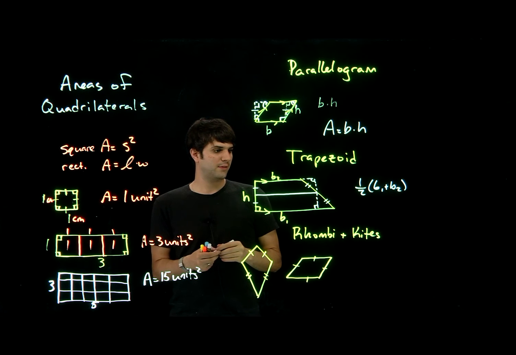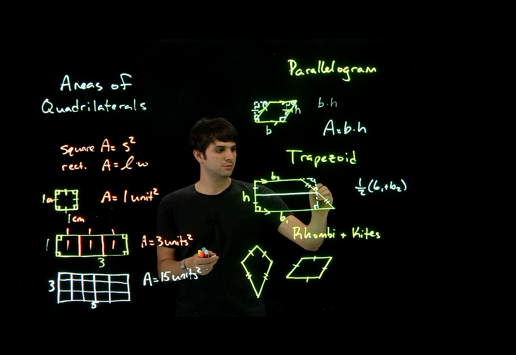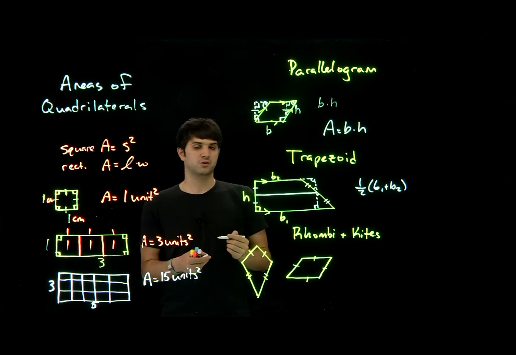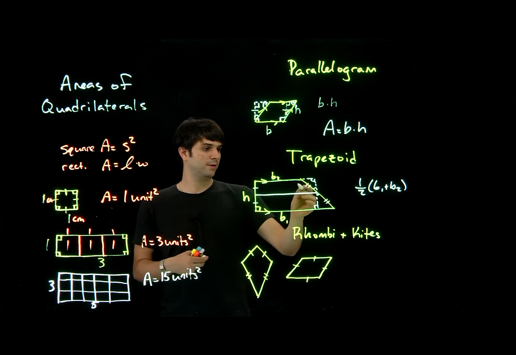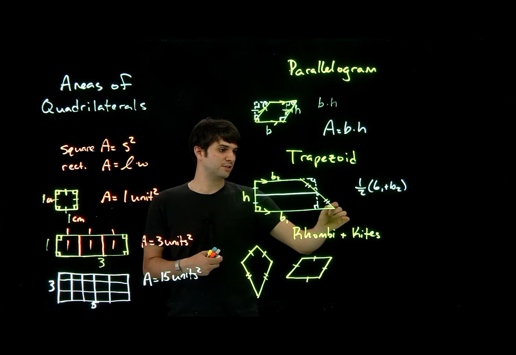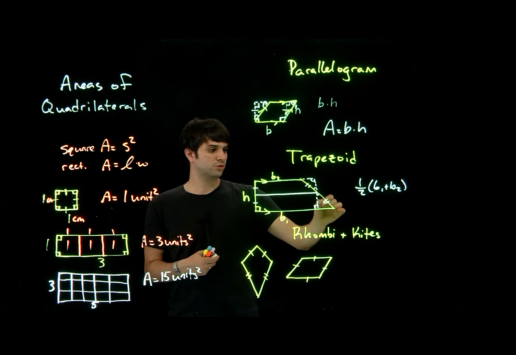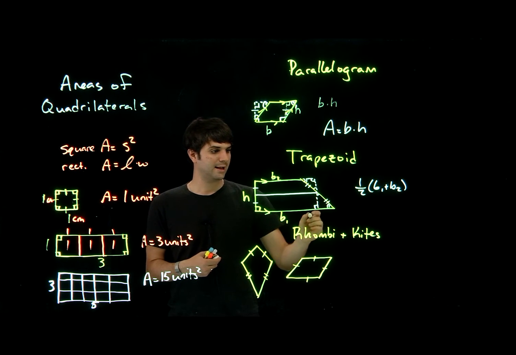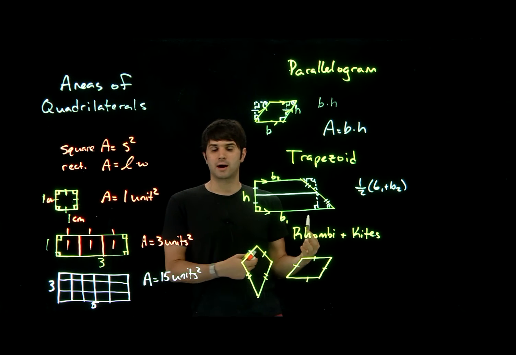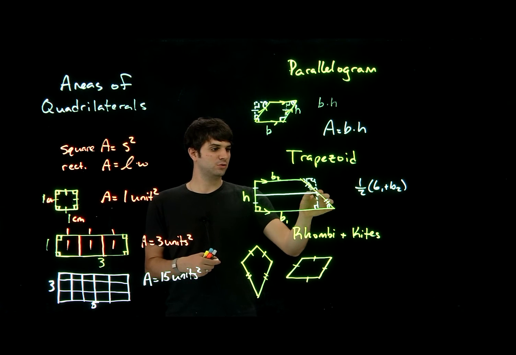Well, we know that these two are vertical angles, so they're congruent. We know that two parallel lines cut by a transversal have congruent alternate interior angles. So by AA right triangle congruence, these two triangles are congruent.